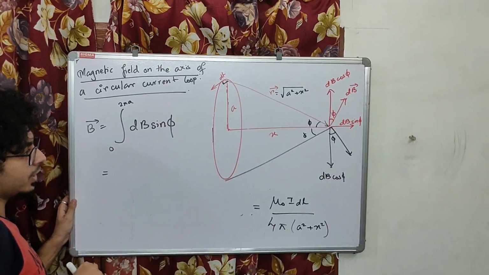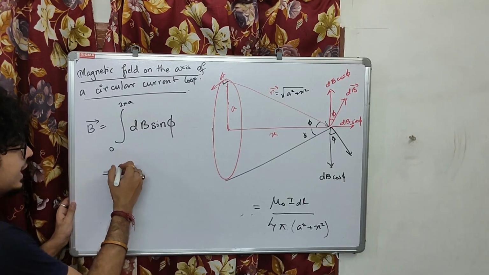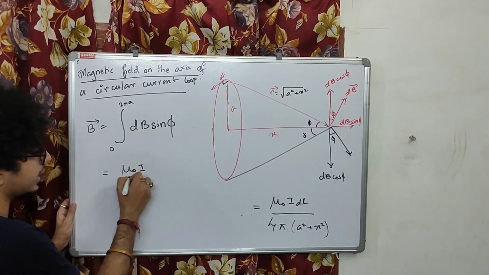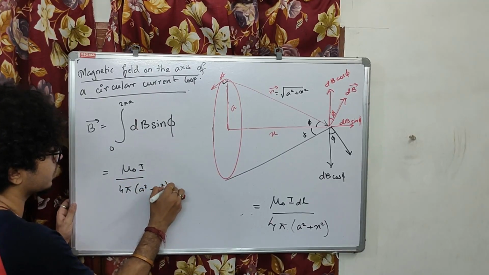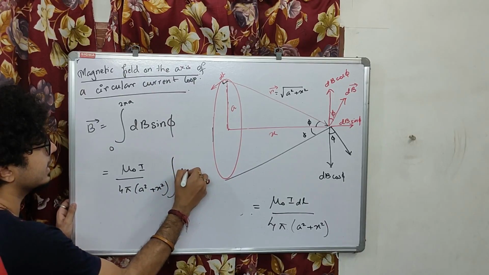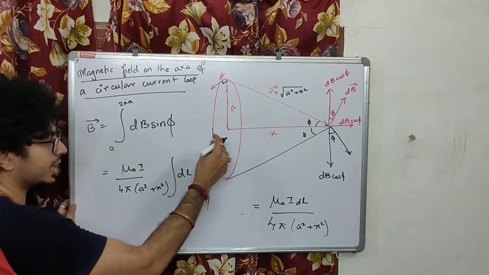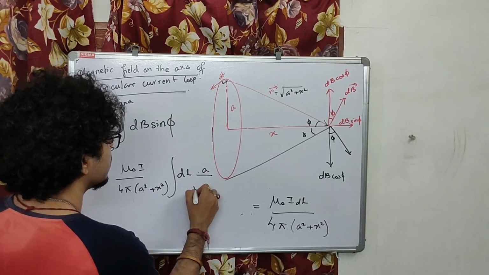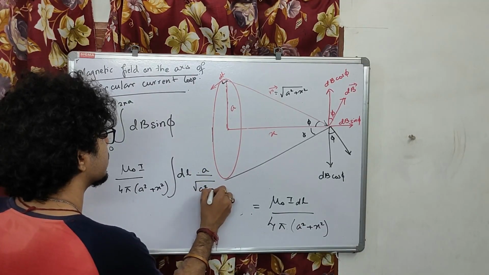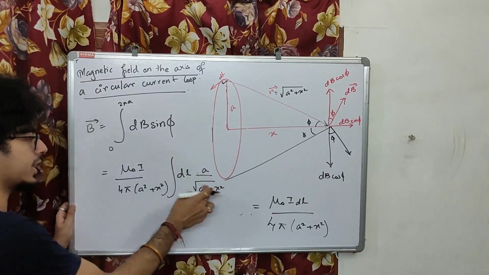So dB sin phi, what do we get? We get mu naught I by 4 pi, a square plus x square, dl. This sin phi will be perpendicular by hypotenuse, that is a by root over a square plus x square. Just writing that in place of sin phi.